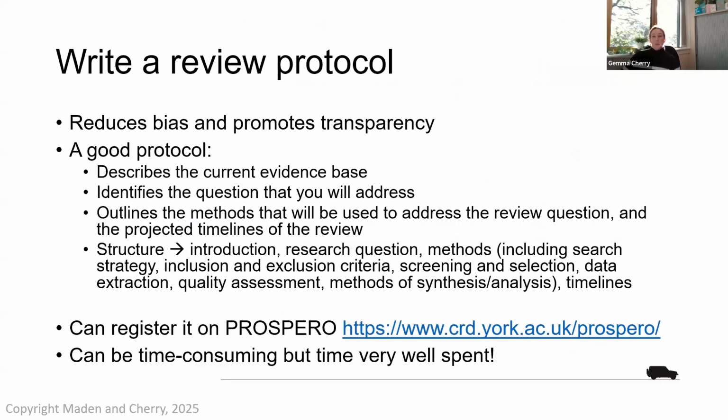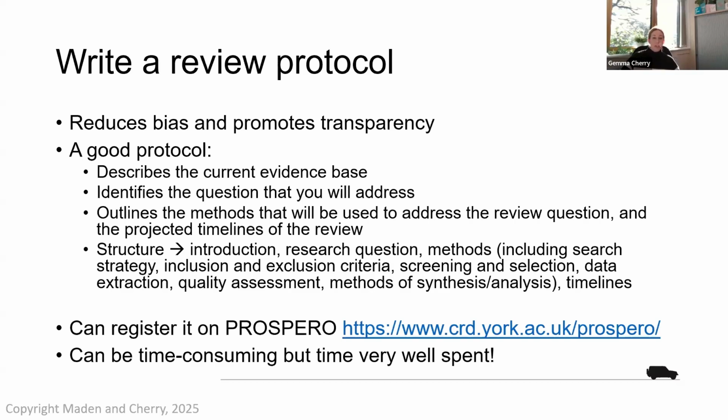Okay. Once you have your question and associated inclusion and exclusion criteria, you need to write a review protocol. A protocol essentially describes the thinking that has gone into your review question to date, outlines the methods that you will use to address your review question, and the projected timelines.